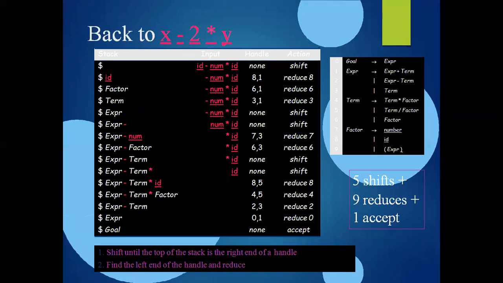In the concept of shift reduce parsing, with the stack, we just parse the input string and finally we get success. We get success by writing the operation accept. And here finally we use 5 shifts and 9 reduces and 1 accept. Right. I think you all understand how the parsing of the input string is done by using the data structures.